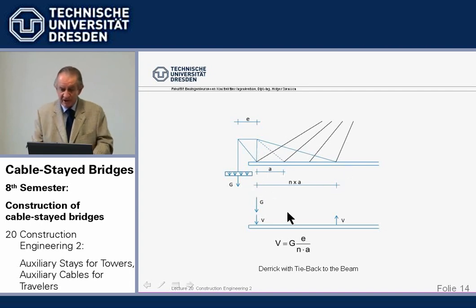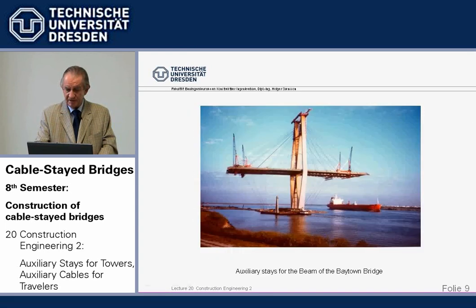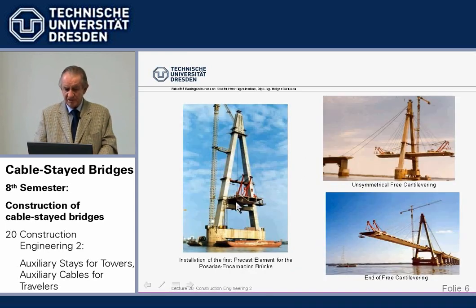The simplest way is, instead of tying the derrick back short, tie it long, theoretically horizontally to the tower back, which was done, I'll show you in a moment, here. You see the tiebacks, the derrick, went practically horizontally to the tower, thereby strongly relieving the vertical component here.